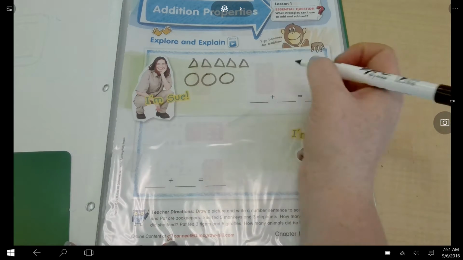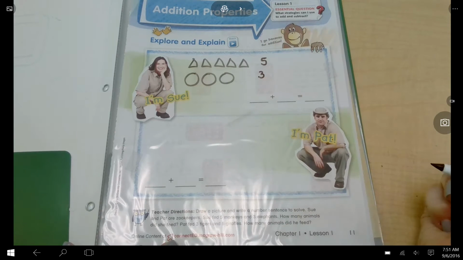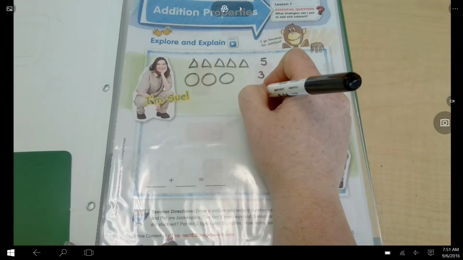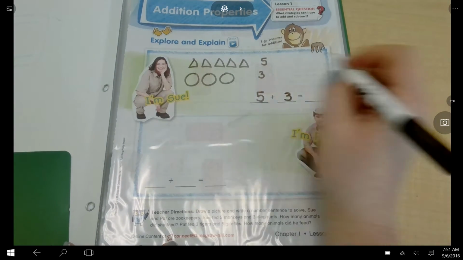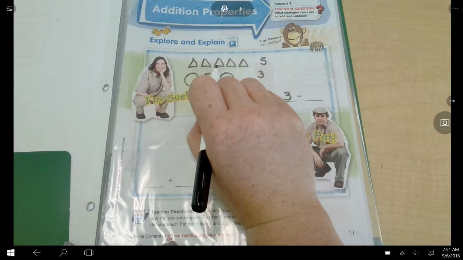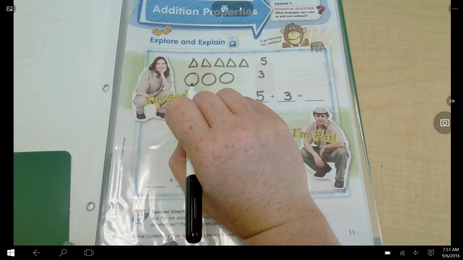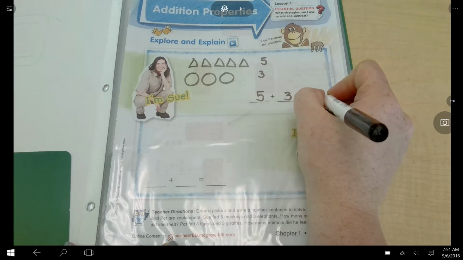How many animals did she feed? So I know this is 5. I know this is 3. I'm going to write a number sentence right here. 5 plus 3 equals, now I can count all of the objects and see how much it equals. 1, 2, 3, 4, 5, 6, 7, 8 equals 8.